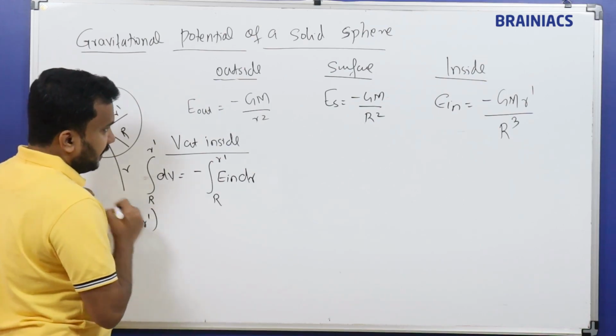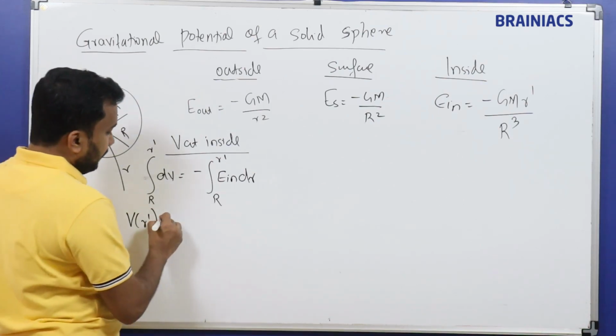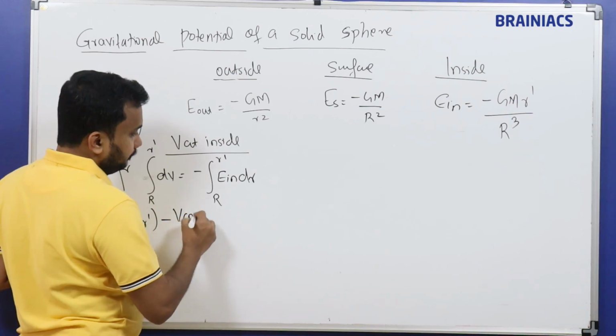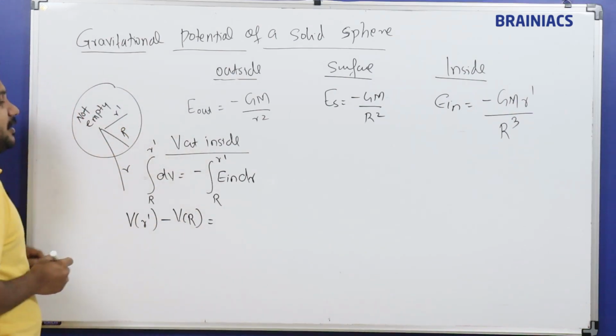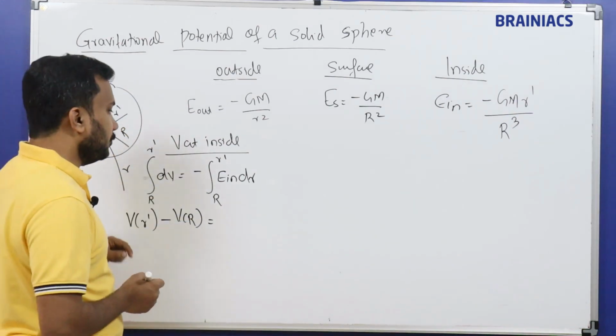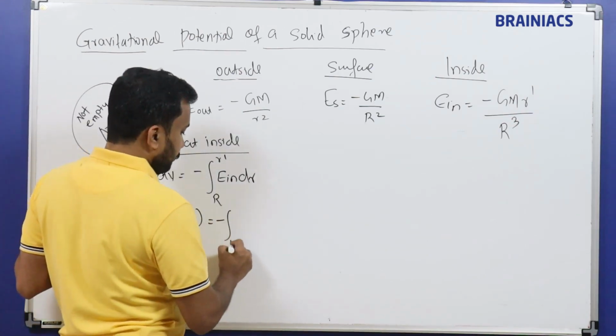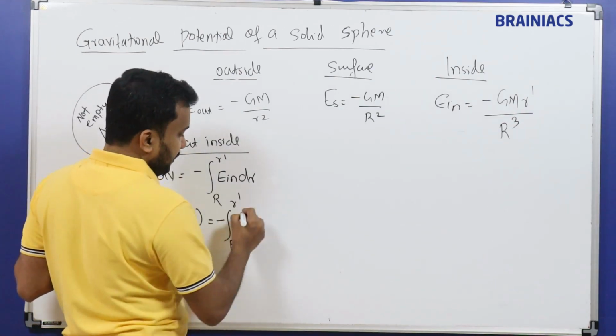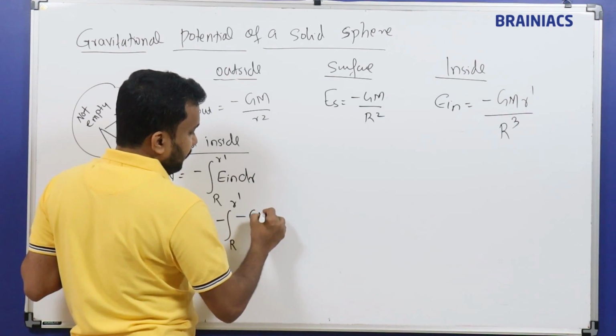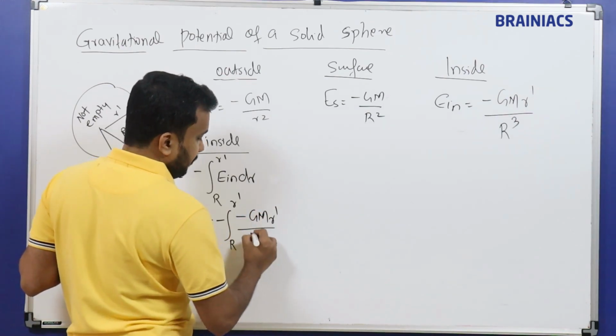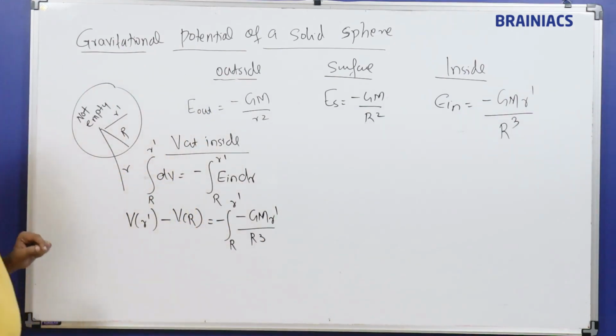So V of r dash minus V of R is equal to, previously in case of a hollow sphere E inside was equal to 0, but here it is not equal to 0. Capital R to small r dash, E inside is minus GM into r dash divided by R cube.